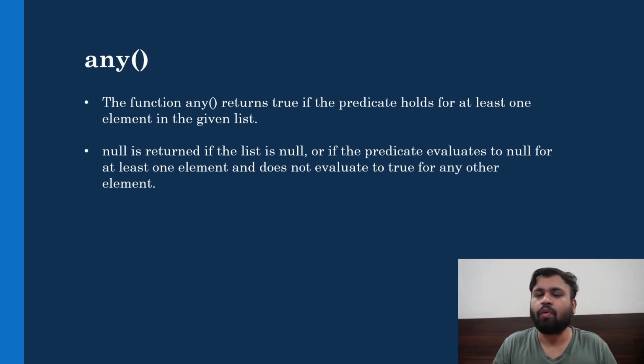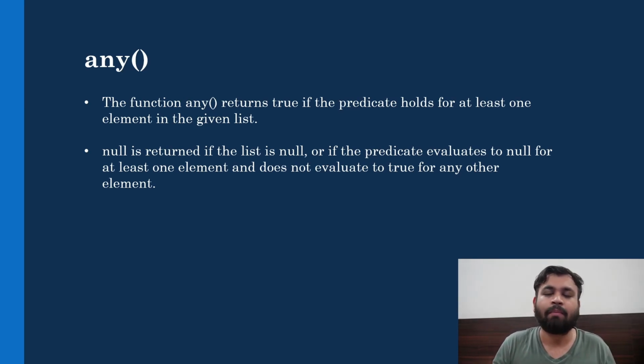If you want to only get the records where the age is greater than 60, then if you use all, it will only give you 5 results. But if you use any, it means that at least one element satisfies that predicate, then it will give us all the paths. So it will give you all the 10 nodes present in your set of paths.